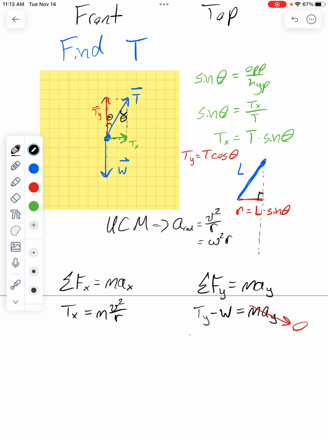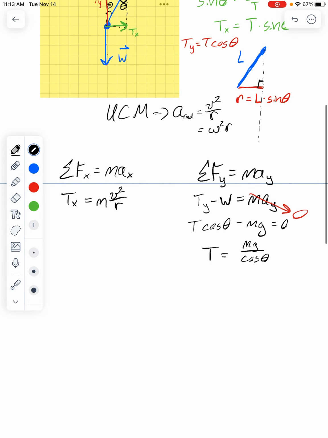If we plug in our equation here, we've got T times cosine theta minus mg is equal to 0. And so we get that the magnitude of the tension is just mg over cosine theta. In the problem, I gave you some numbers. I'm not going to look them up. That's what you need. So that answers the question that I asked.